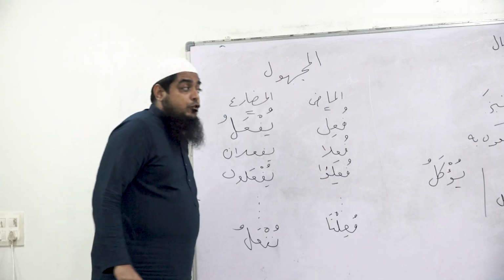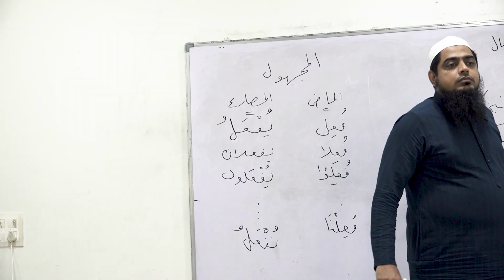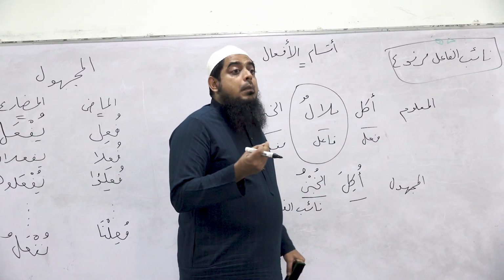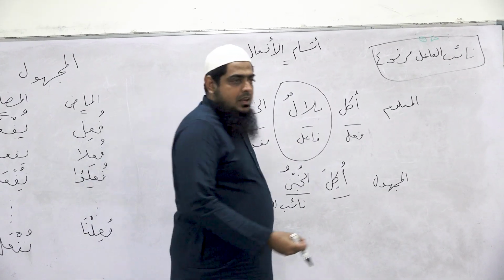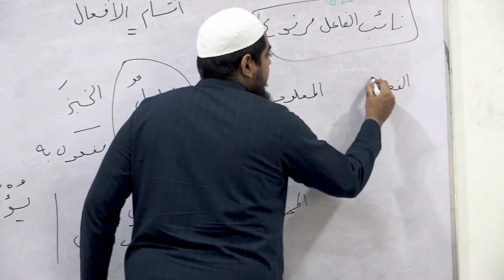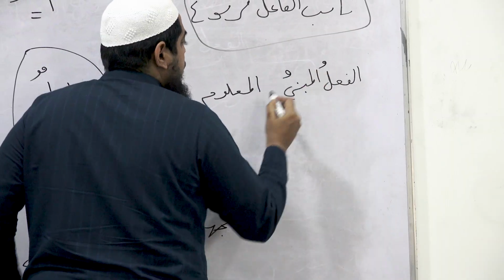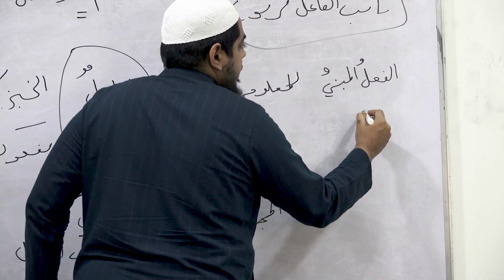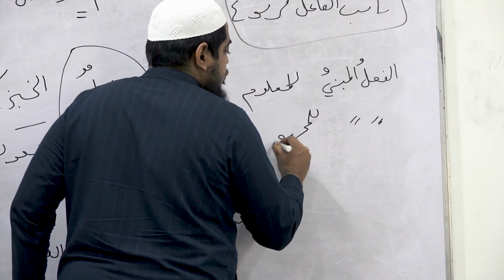See, this is also something you have to remember. In some books, they won't say al-fi'l al-ma'loom, they will say al-fi'lu mabni lil-ma'loom, like دروس اللغة. الفعل المبني للمعلوم, الفعل المبني للمجهول.